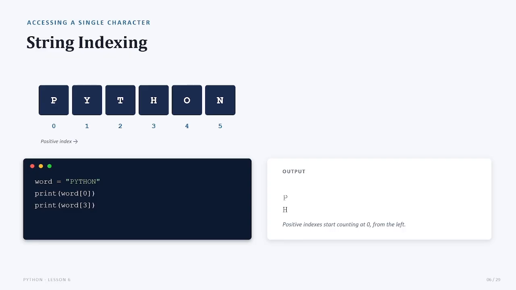Now we are getting into one of the most important concepts of today's lesson, which is string indexing. Remember that a string is a sequence of characters, and because it's a sequence, every character has a position. Let us take the word Python.